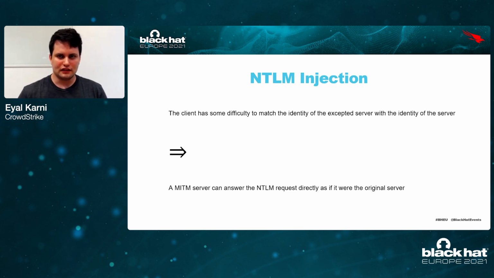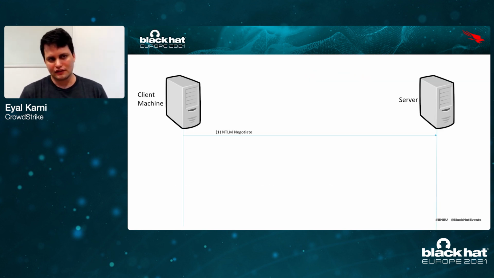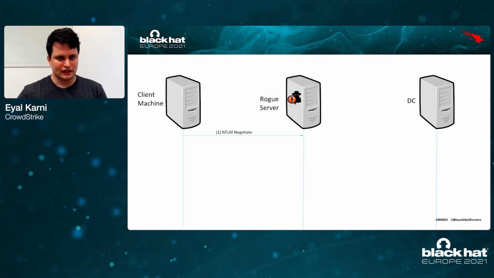So let's see how it looks. Now, if a client wants to connect to a server, it first sends the negotiate message. This is intercepted by an attacker that sends a challenge. Now, as mentioned, the client machine does not verify the target name and sends back a response.